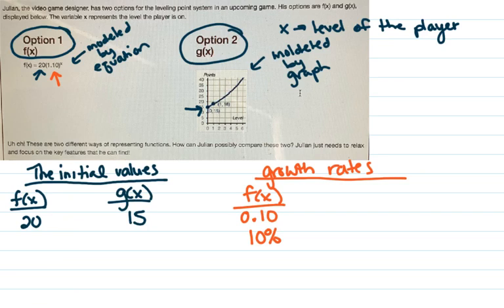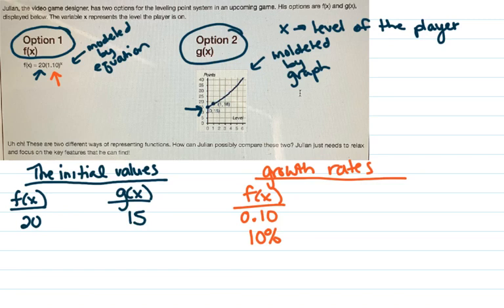And so then for option 2, we're going to have to do a little bit more work to figure that out. So to figure that out, I'm going to figure out what my growth rate is just for the 2 points that I know, so from 0 to 1.